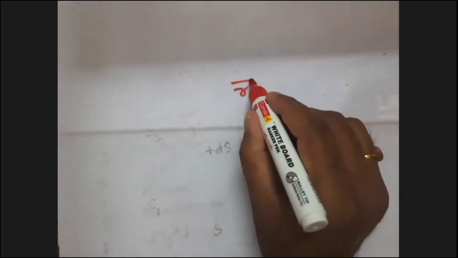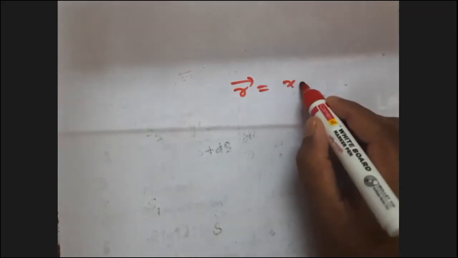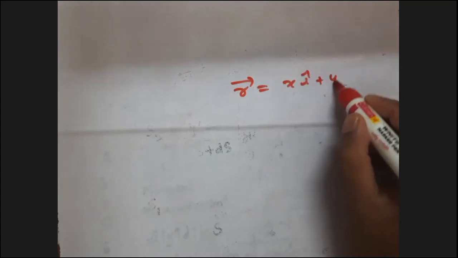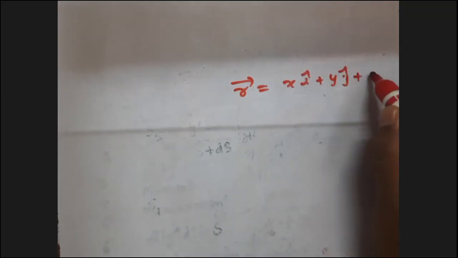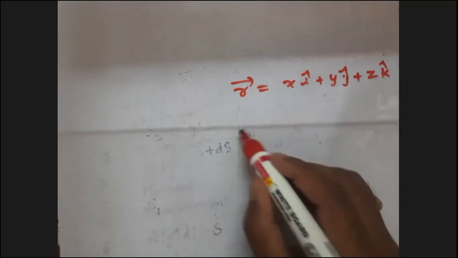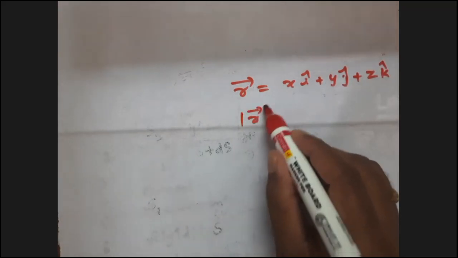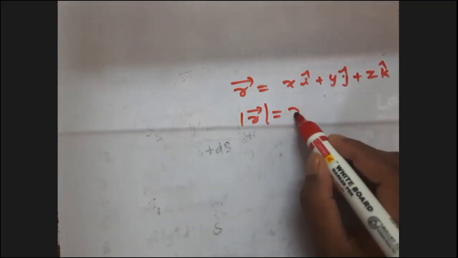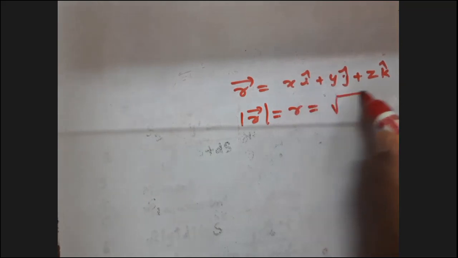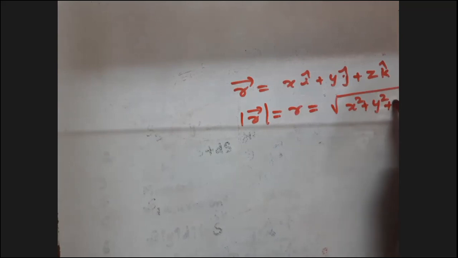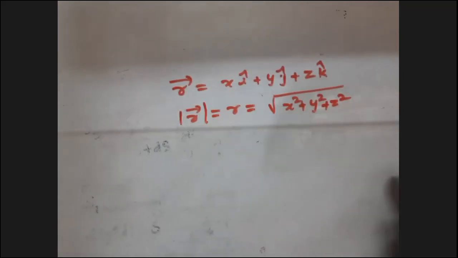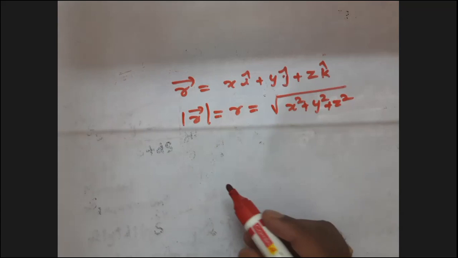Yes. We know that r bar is the position vector that is expressed as position vector r bar equal to xi cap plus yj cap plus zk cap. So what is its magnitude? Modulus of r bar equal to r equal to under root x square plus y square plus z square. Okay.